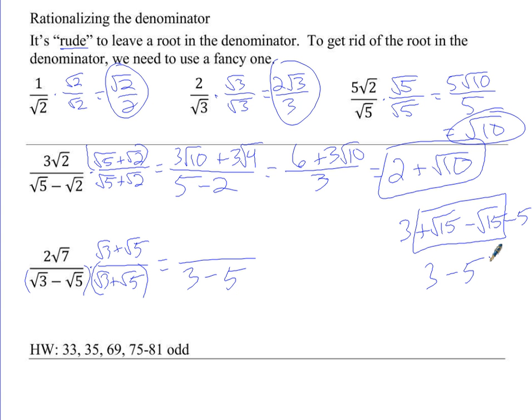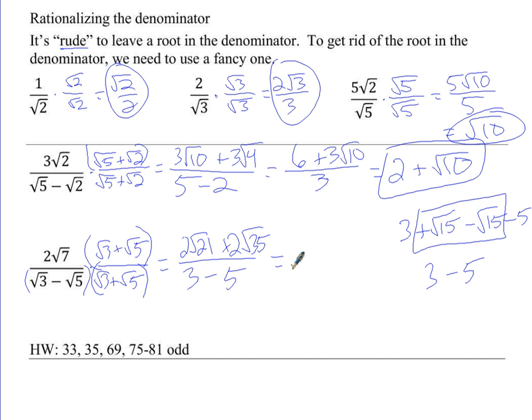Okay? All right, so we have our denominator. Our numerator, how do we do that? Distribute. This is distribution here. So what do we get? Good. 2 root 21. Okay, now we got to simplify that if we can.